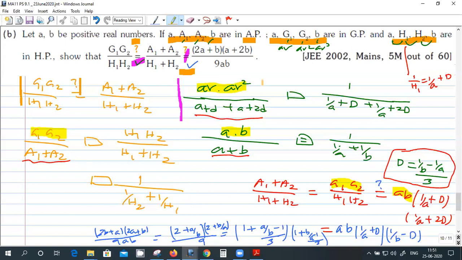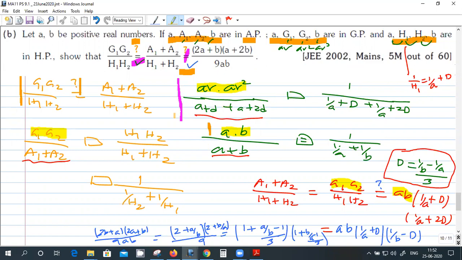G1 G2: A, G1, G2, B are in GP, and if R is the common ratio, then G1 is AR, G2 is AR square. So G1 G2 is AR into AR square, and R cube times A will become B. A into R cube is B. Okay, this step is clear.